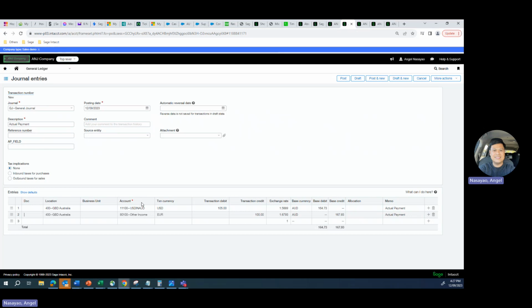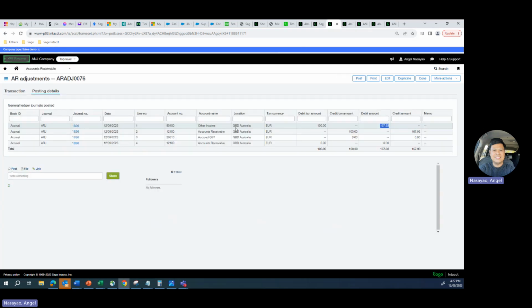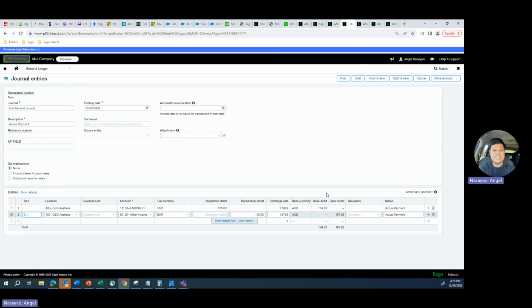Just to synchronize this again to the adjustment, because the adjustment has just been posted for 100, and the exchange rate based on the invoice is converted into 167.93 AUD. So 167.93 AUD in there. EUR, that's what we want.